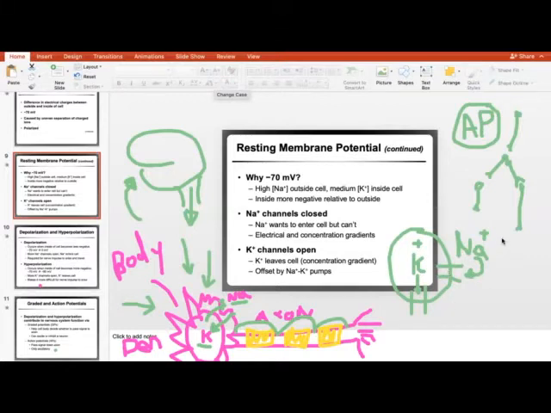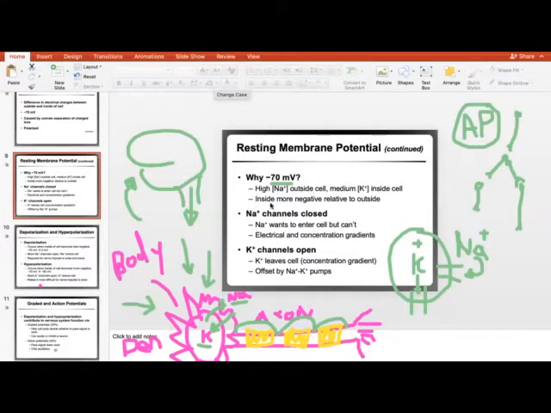And right now there's more sodium on the outside of the cell. So if there's more of a positive thing on the outside of the cell, that means there's less positive on the inside of the cell, and therefore the inside of the cell is negative compared to the outside. So there's a high concentration of sodium outside the cell and a medium concentration of potassium inside the cell.